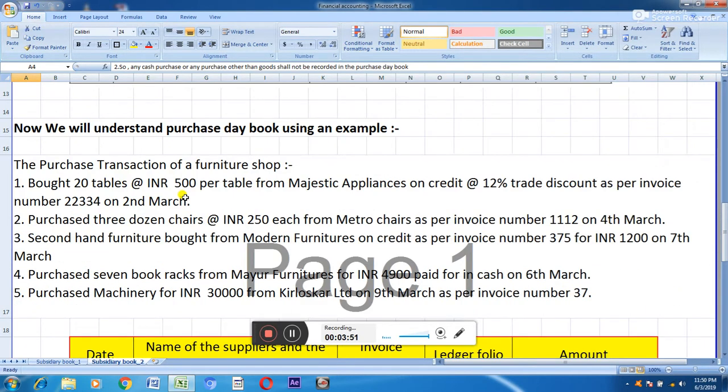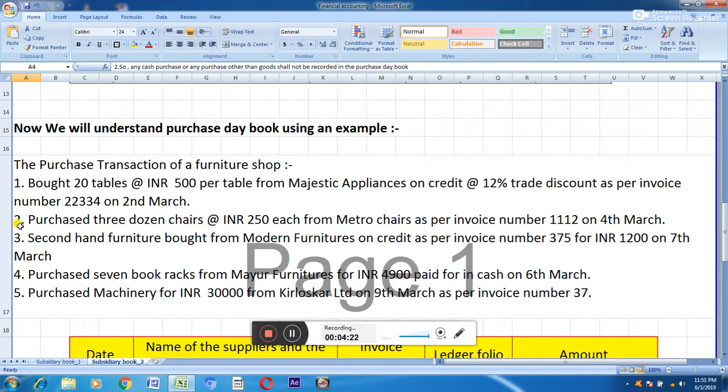Now we will understand this purchase day book using a simple example. Say there is a furniture shop and some purchase transactions have happened in this particular furniture shop. The first transaction: bought 20 tables at rupees 500 per table from Majestic Appliances on credit at 12% trade discount as per invoice number 22334 on 2nd of March.